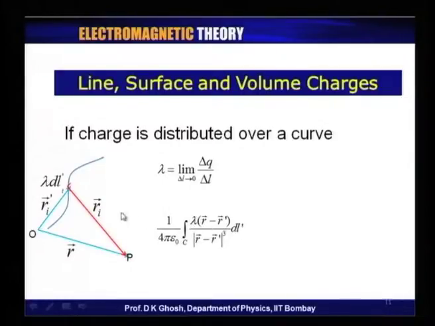Lambda times dl prime is the amount of charge there, which replaces the q_i in our earlier expression. The field strength is the vector r minus r prime divided by the magnitude of r minus r prime cubed, and the integration is over the entire length.